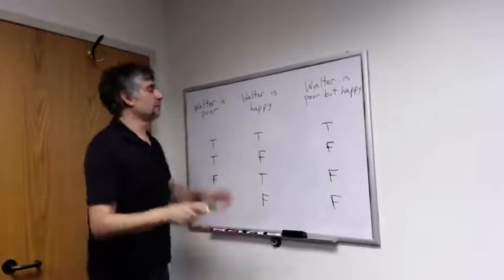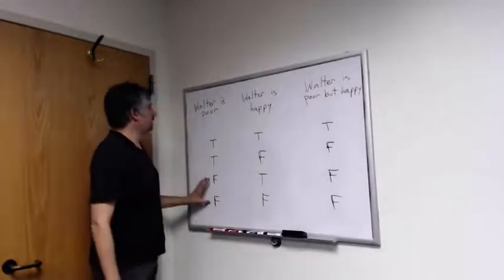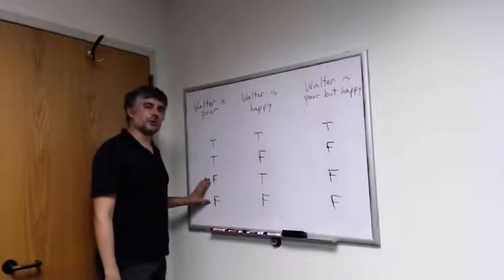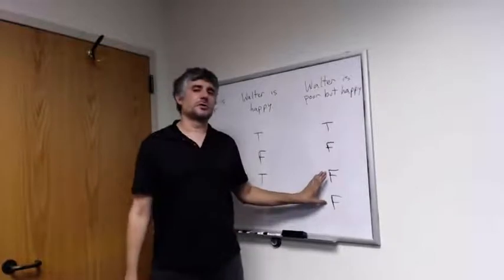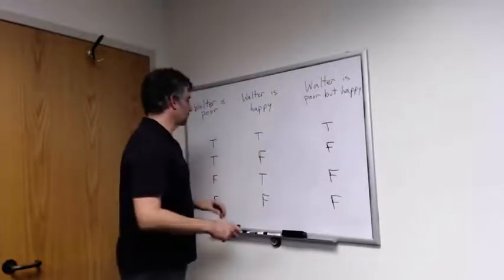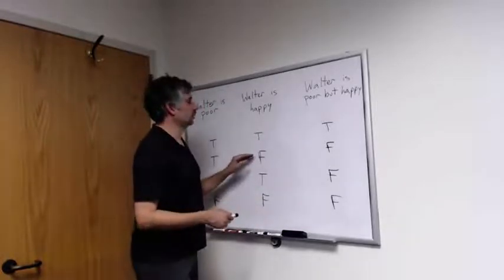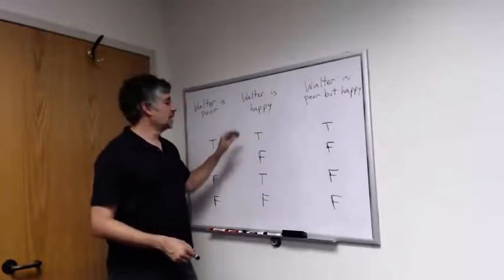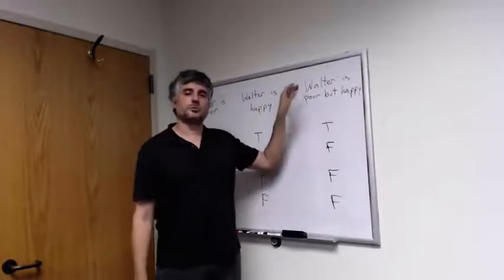Well, it's not going to be true in any situation where it's false that Walter is poor, right? If it's false that Walter is poor, then it's also going to be false that Walter is poor but happy. It's also not going to be true in any situation where it's false that Walter is happy. If it's false that Walter is happy, then it's going to be false that Walter is poor but happy.